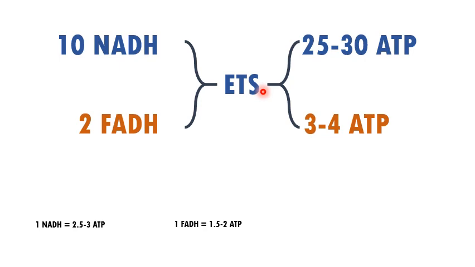Here there are certain variations in the exact number of ATP produced, because as scientific investigations are increasing and so many scientists are working on the same aspect, sometimes we get different data.